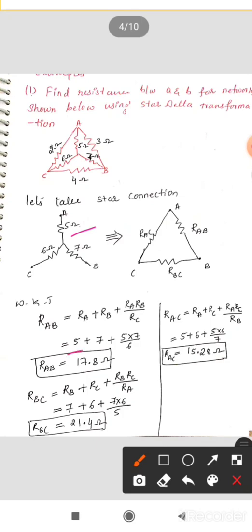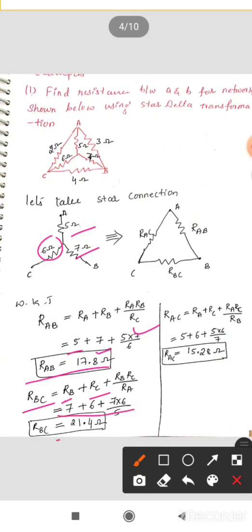Substitute the values. RA is 5 ohm plus RB is 7 ohm plus RARB, means 5 into 7, divided by RC, which is 6 ohm. If you do this, you will get 17.8 ohms. Similarly you calculate RBC. You know the formula, RB plus RC plus RB into RC divided by RA.